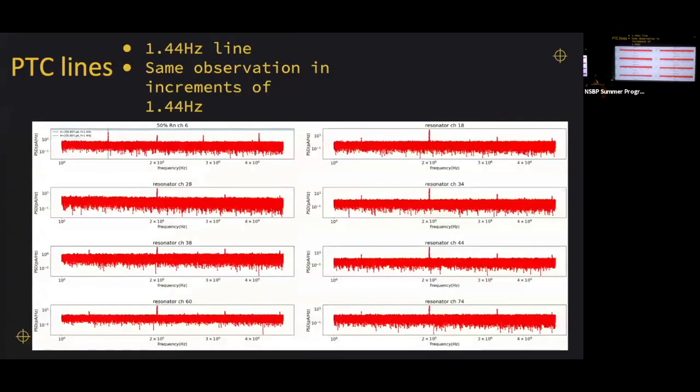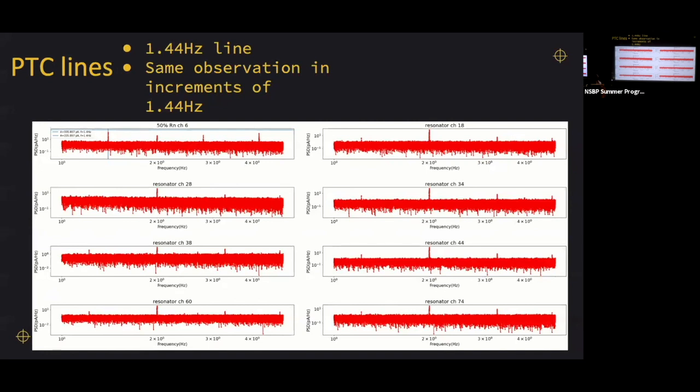And this is when I started using the algorithm. These are PTC lines, and to get to its superconducting state, the telescope is using cryocoolers. To lower the temperature, we're using pulse tube cryocoolers by Cryomech. So these are the lines from that.